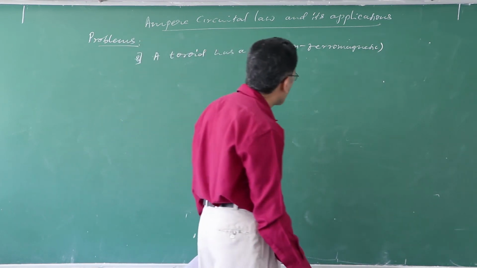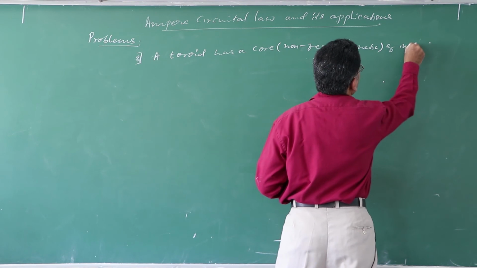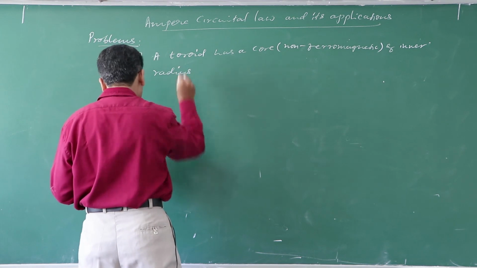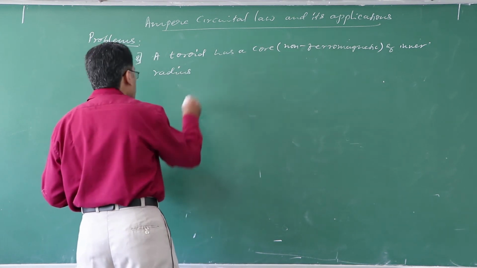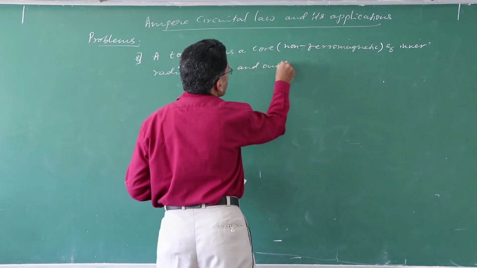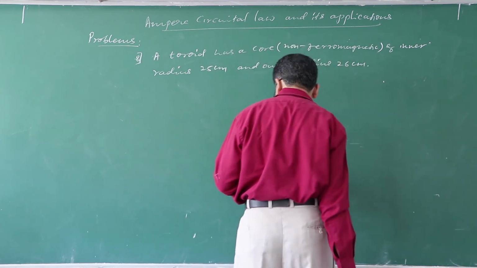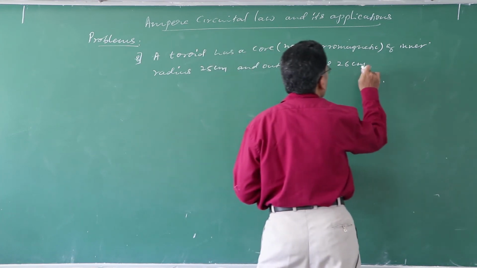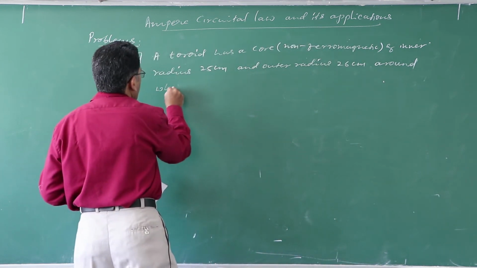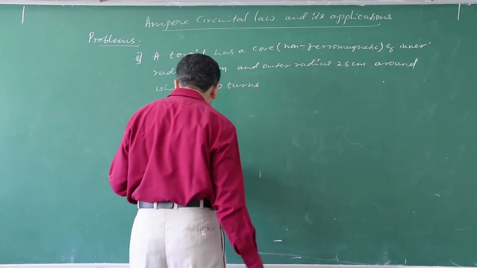Non-ferromagnetic core, of inner radius 25 centimeter and outer radius 26 centimeter, around which 3500 turns are wound.